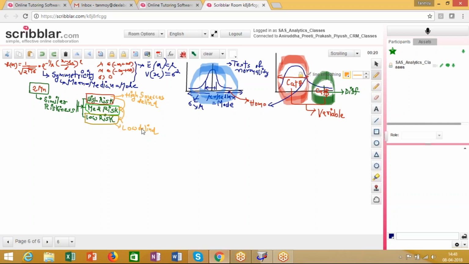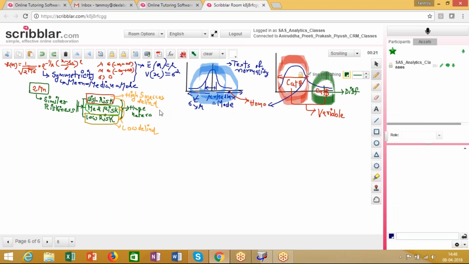Obviously, you see that if I punch all these three groups of borrowers into one single data set, there would be an element of heterogeneity. There will be a huge heterogeneity, right?